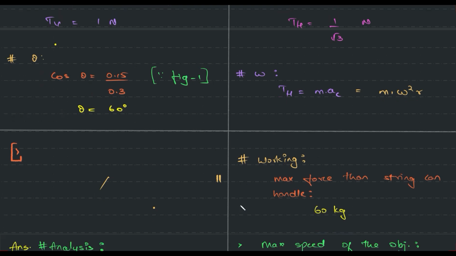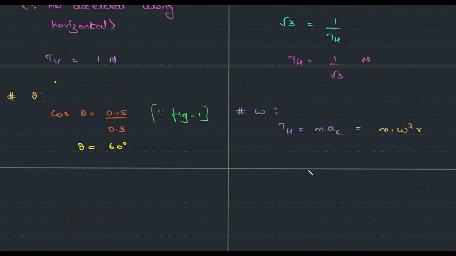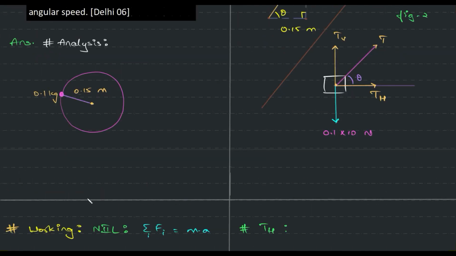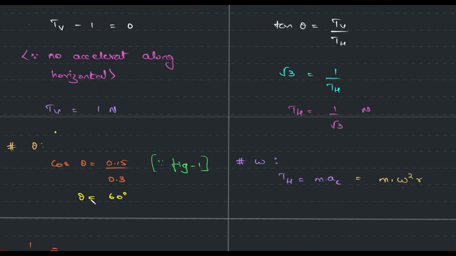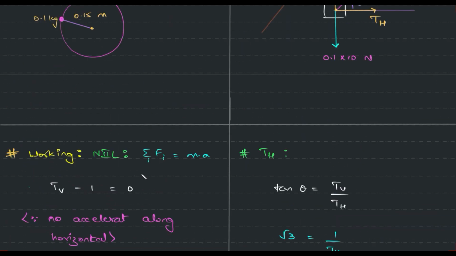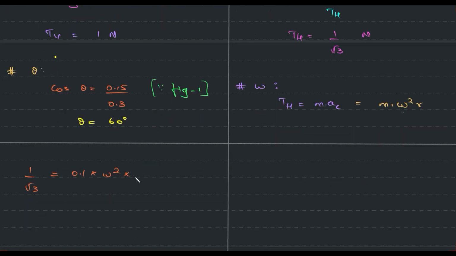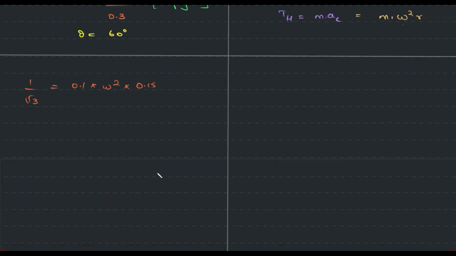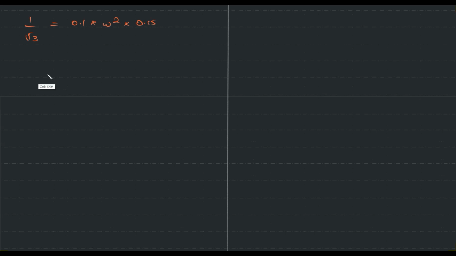I know that I'm doing a lot of writing over here, but yeah, we need that. 1 by root 3 is equal to mass is how much, guys? Mass is, I forgot, 0.1. Omega square times of radius is 0.15. Yeah.